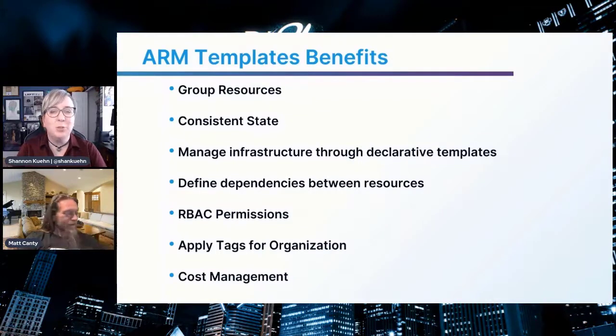Exactly. Well, and it helps you better organize the environment, right? You can apply tags. You can think about things like role-based access control, meaning only certain people can deploy these templates into production. These are kind of the blessed templates, so to speak. Everything's been tested to that point that once it deploys, it will be up and live and functional within a short period of time.